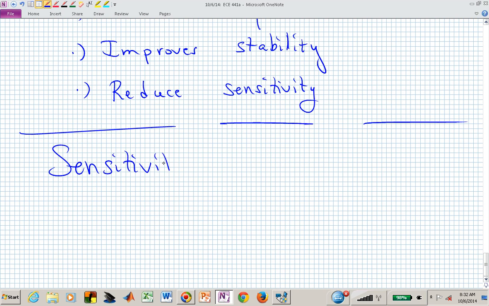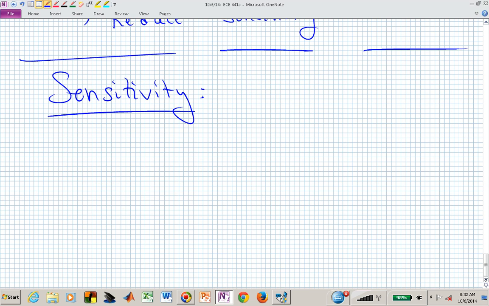Because I think we have a pretty good understanding of the first two properties that we can use feedback to enhance or allow us to improve upon. To think about sensitivity, suppose we have a system, and suppose there is uncertainty.